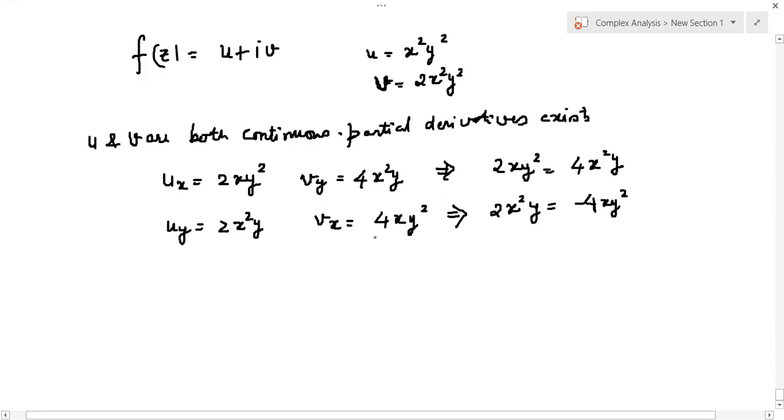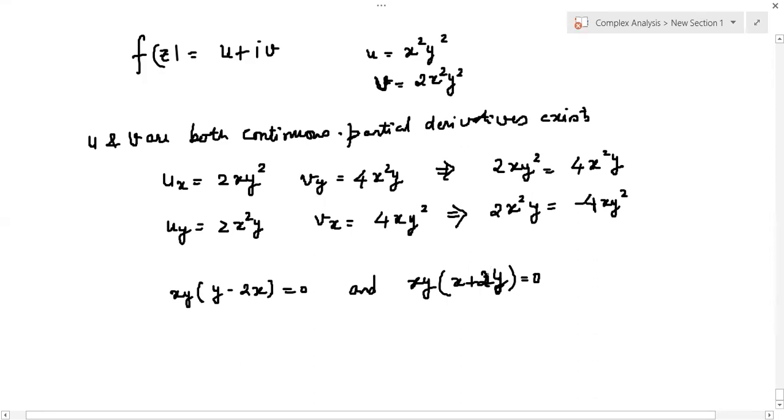Which implies if I write the first one, if I take xy common out, it will be equal to xy into (y minus 2x) equal to 0. And if I take the second condition, then it implies xy into (x plus 2y) must be equal to 0. Okay.